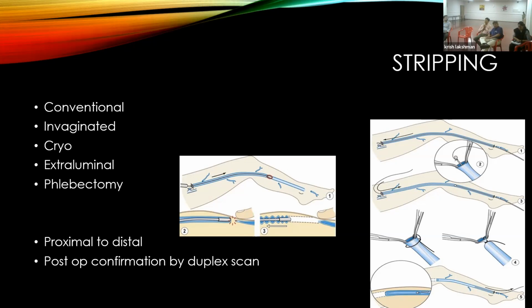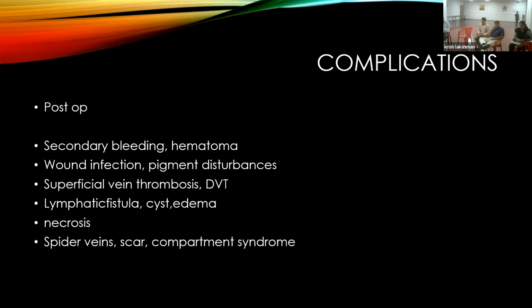So as soon as you strip, you apply the compression bandage. There will be some amount of bleeding, you can't help it, but you can avoid a major hematoma and bleeding into the subcutaneous tissue. So keep the leg elevated, apply the compression bandage, and then finish the stripping. Then close the upper part of the wound, that is the groin incision.